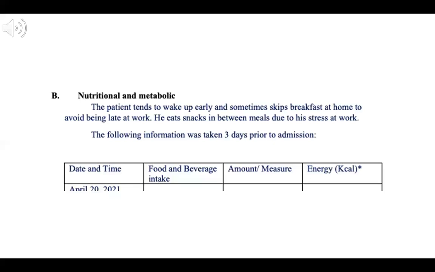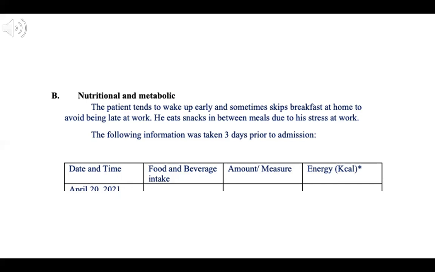Other categories of the patterns of functioning is the nutritional and metabolic pattern that includes patterns describing food and fluid consumption relative to metabolic need of the client, as well as pattern indicators.